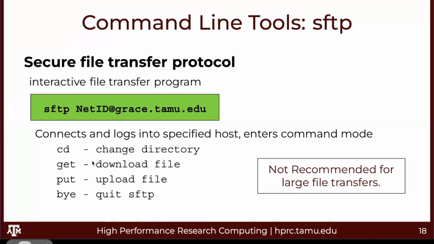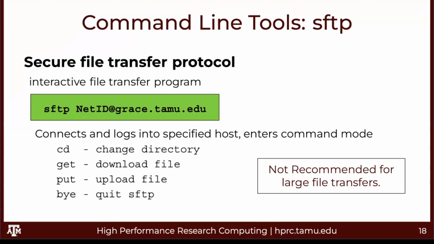It is sometimes used because it's available on pretty much the majority of the machines that you'll be working on. And it's not recommended for very large file transfers because it has some limitations in terms of its speed. It only uses one data transfer stream, which makes it less preferable to some of the other methods.